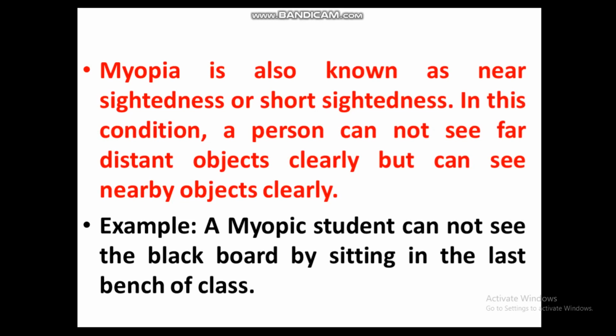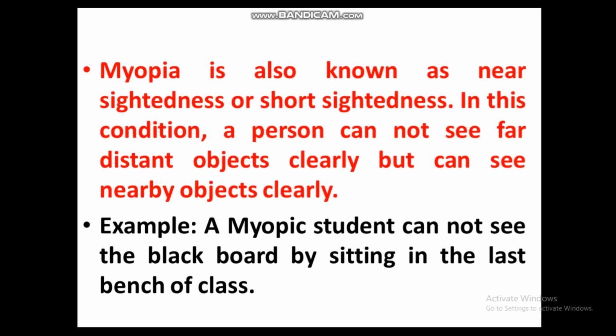It will appear blurred to him or her, but he can see the objects placed nearby very clearly. The objects which are placed at a far distance, he will not be able to see clearly.